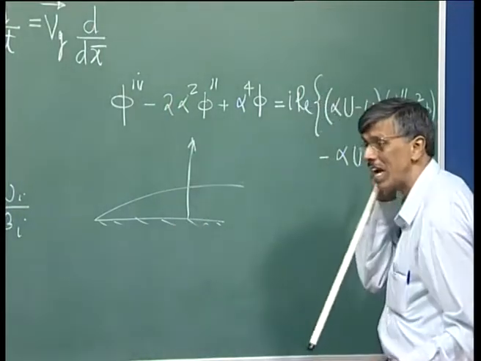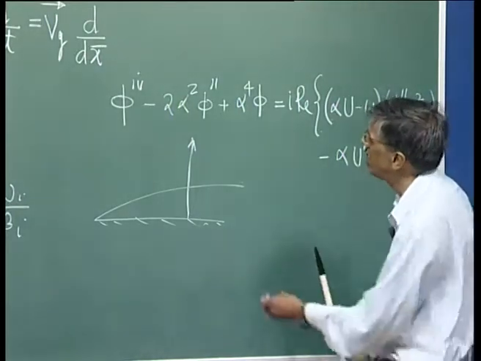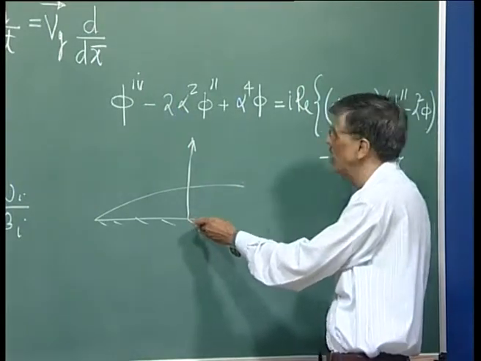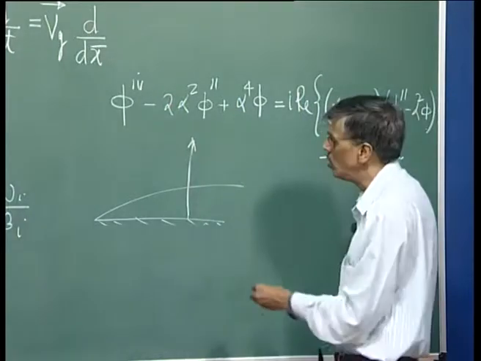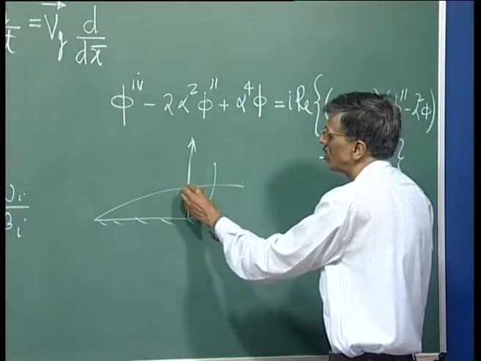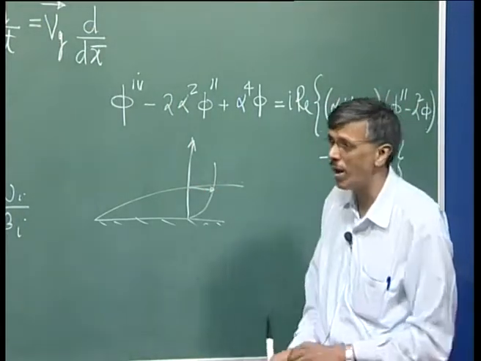You understand that the Orr-Sommerfeld solution does the analysis at a particular station x, solving this equation as a function of y. So, here you have this u of y. Once you come to the edge of the shear layer, you have reached u equal to 1.